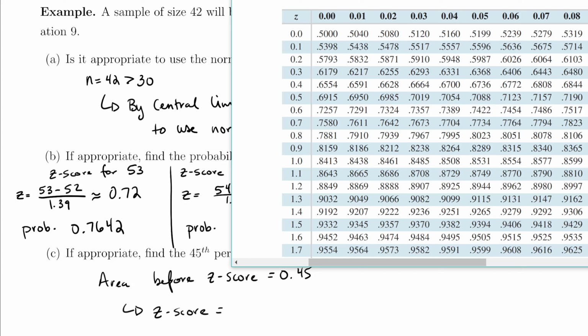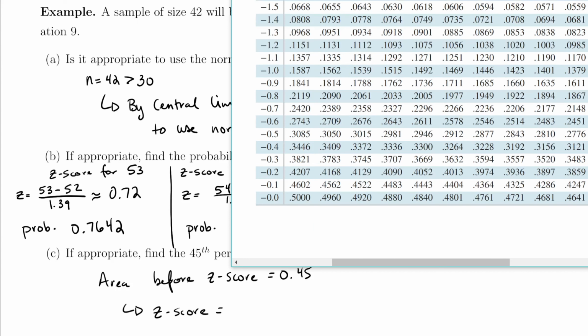So I need to be looking at negative z-scores, so I'll move my chart back to the first page. And I know this is probably going to be pretty close to 0 because it's quite close to the middle value of 0.5. So looking for the closest 0.45 values, it looks like these are our two contenders, and now we just have to decipher which one's actually closer.